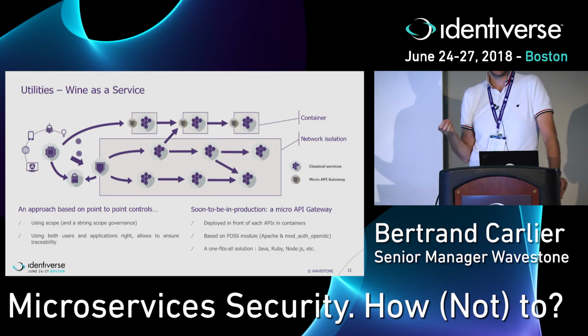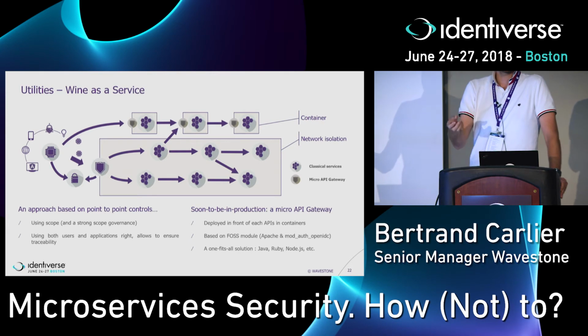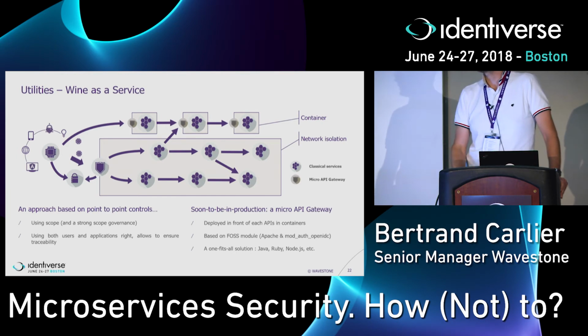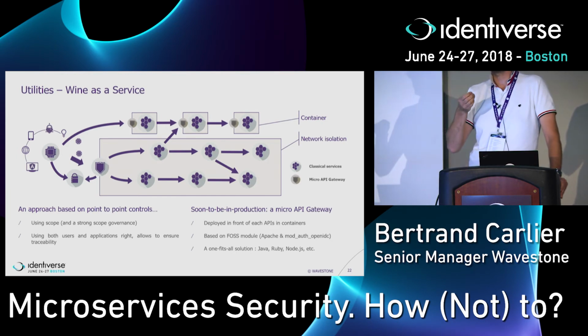APIs can be developed in any technology, and they just have to fit within a container that we provide to developers. And these containers contain some open source software based on Apache and a module, ModAuth OpenIDC, which is a great module. When the container spawns, this Apache acts as a reverse proxy just before the API and can enforce any policy that is configured into that.